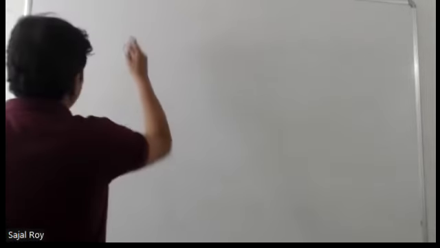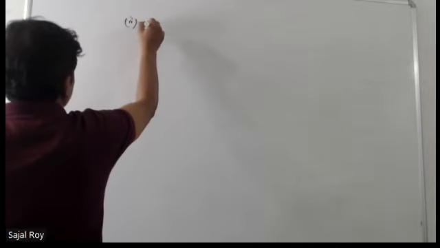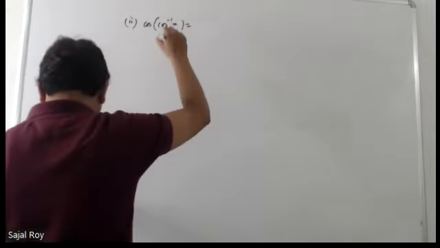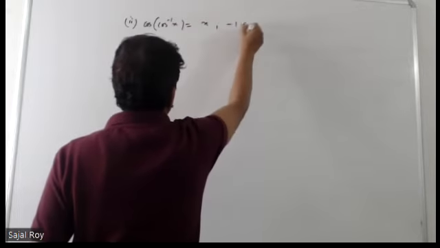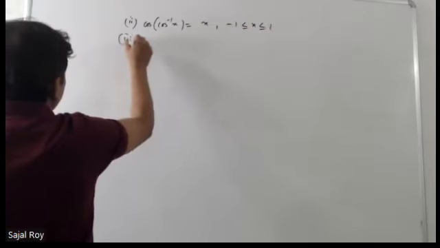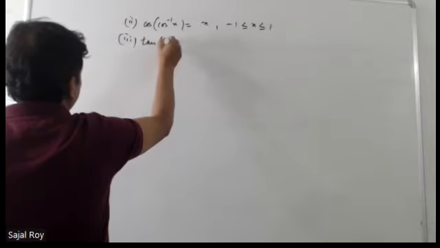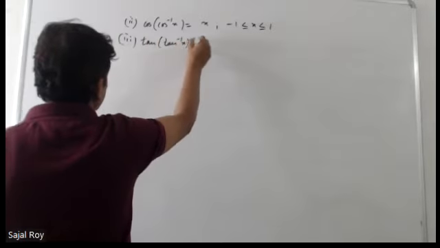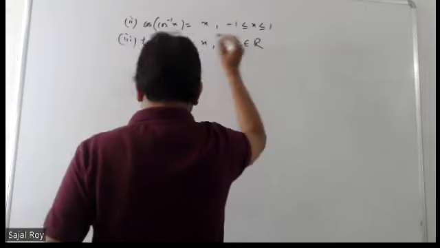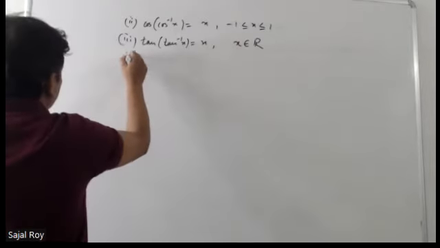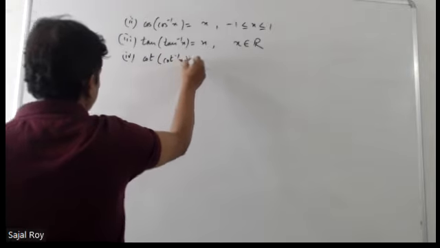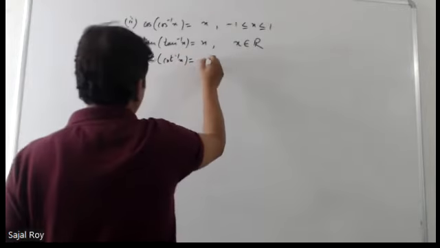Next, similar relations. Cos of cos inverse x, that is equal to x also, -1 less than equal to x less than equal to 1. Number 3, tan of tan inverse x, that is also x. X belongs to R. Cot of cot inverse x, that is equal to x.